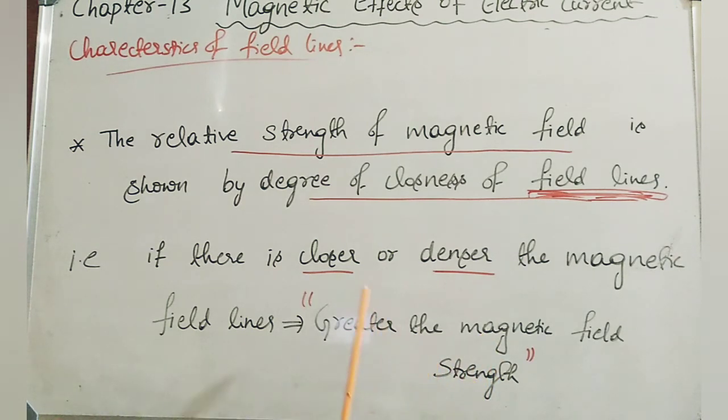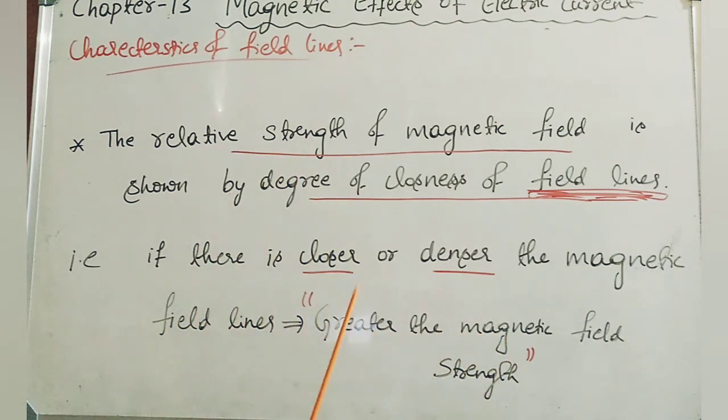So where can we observe closer magnetic field lines? Near the poles. Near the north and south poles we can observe denser or closer magnetic field lines. So wherever we find denser or closer magnetic field lines, there the magnetic field strength will be greater.